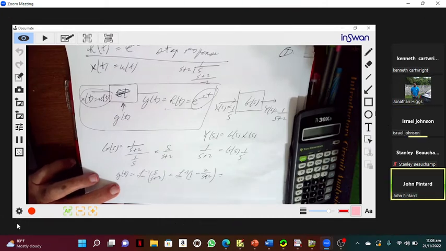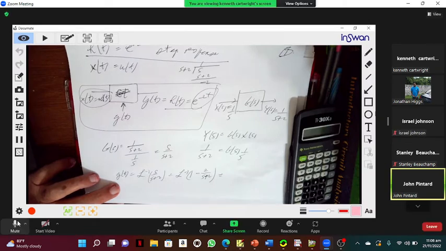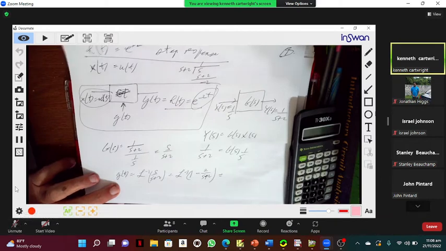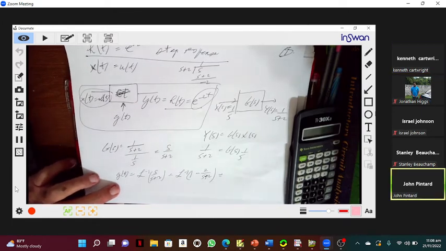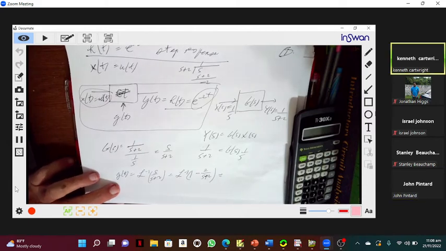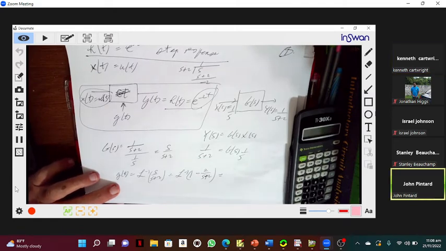The highest power in the numerator is 1, and the highest power in the denominator is 1. If it had been s squared divided by s squared, that would have been the same problem. What if it's s squared divided by s? They just have to be different. The numerator is still higher than the denominator. You can't have that happening. That would be improper.